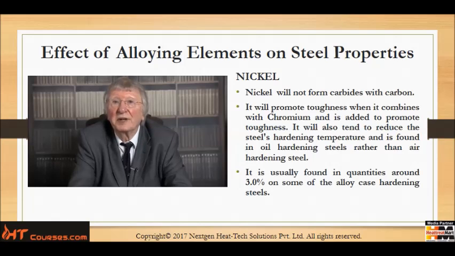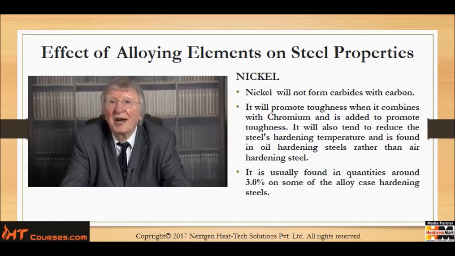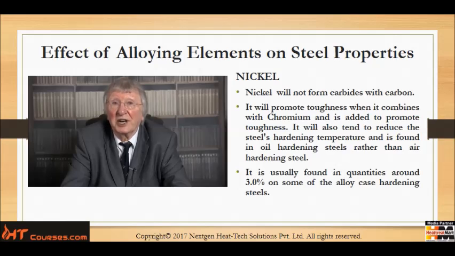It's usually found in quantities around 3% on some of the alloy case hardening steels. If it goes much above 3% on the alloy case hardening steels, there is a tendency for the nickel to initiate the formation of what is known as retained austenite. In other words, a lower hardness value.